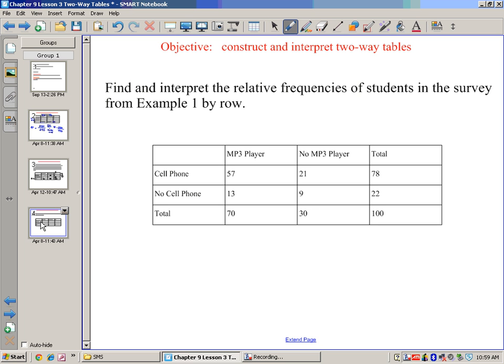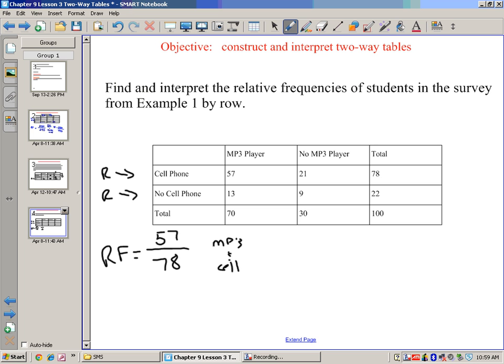Once again, you're just checking a couple things over. We're going by rows, so we're going to be going from left to right. Our rows here. The relative frequency of having an MP3 player and a cell phone. You have 57 that do over how many? 78 total.